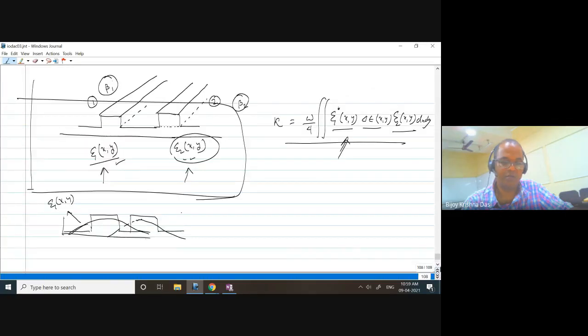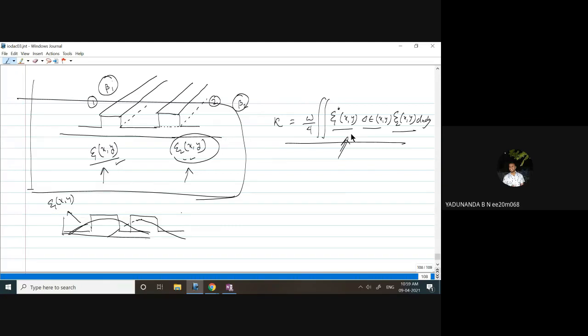is there any chance that this kappa value can be 0? Then it will be easier. Suppose two waveguides are there. When will the kappa value be 0? I'm not sure all of you are following my class, this coupled mode theory, because this is very crucial.